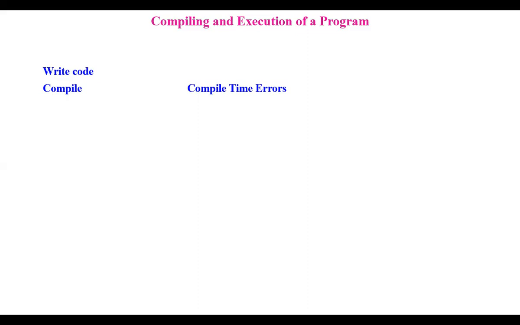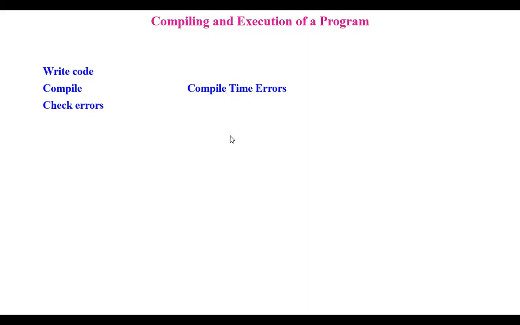Suppose while writing, I didn't put proper brackets or a semicolon, or I made a spelling mistake, writing print or printft instead of printf. Whatever syntax errors are committed in the program are identified by the compiler at the time of compilation. So we may call these compile time errors.